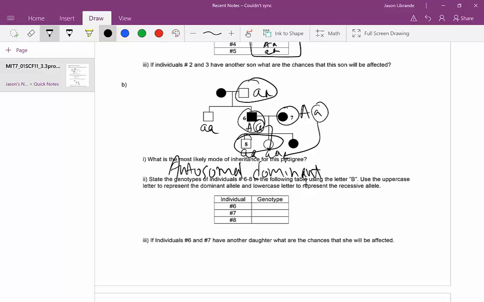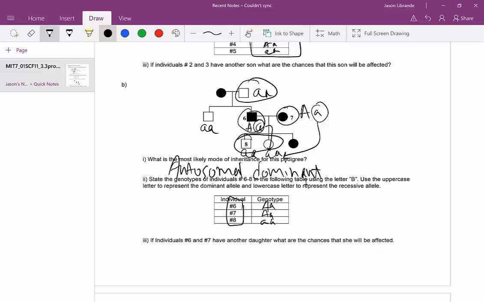Okay, so it looks like we're finding the individuals 6, 7, and 8, and we're looking for their genotypes. So 6 we already know they're heterozygous. 7 we know they're heterozygous. And then 8, we know that since they're unaffected, they must be homozygous recessive.